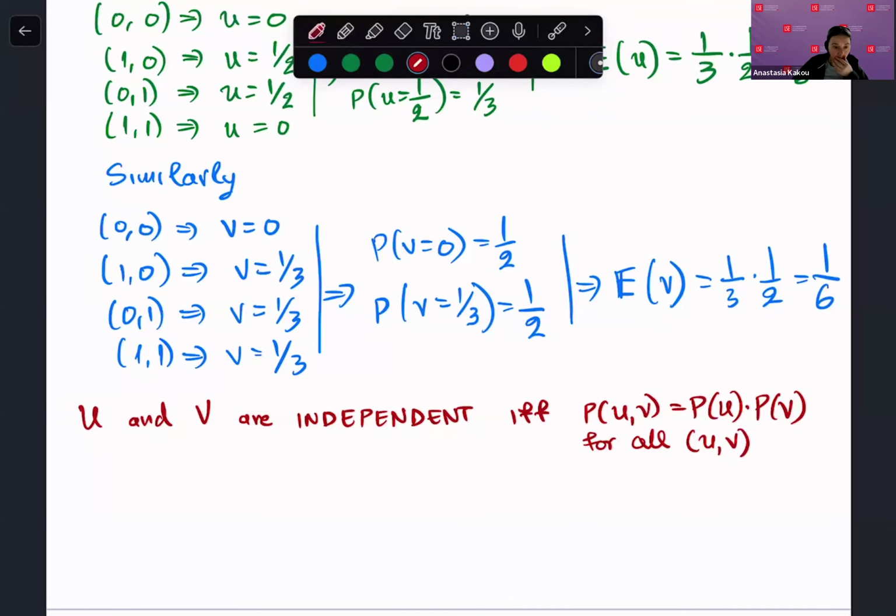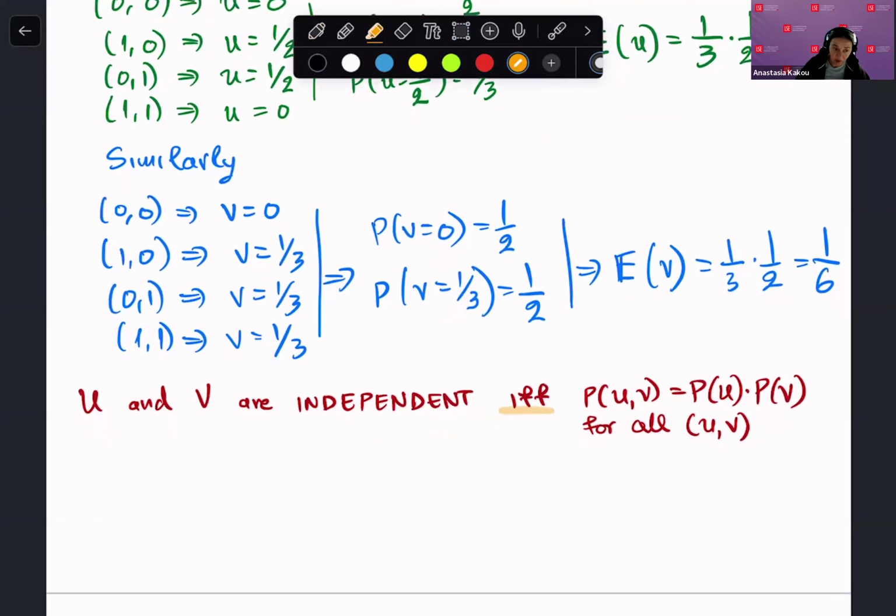Okay, so that's the definition. So that means this if and only if means that if we find at least one pair for which this property does not hold, then u and v are not independent.